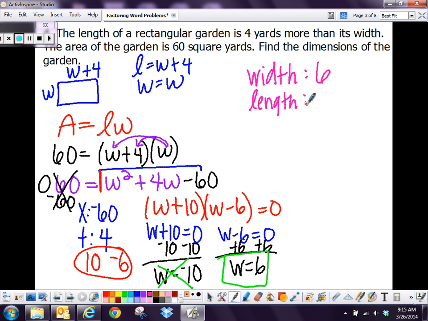So it said that the length was W plus 4. So if I plug 6 in for W, my length is now 10. Now this is a really easy problem to check since we're talking about area. So if my width is 6, my length is 10, 6 times 10 gets me the area of 60 that it said from the very beginning.